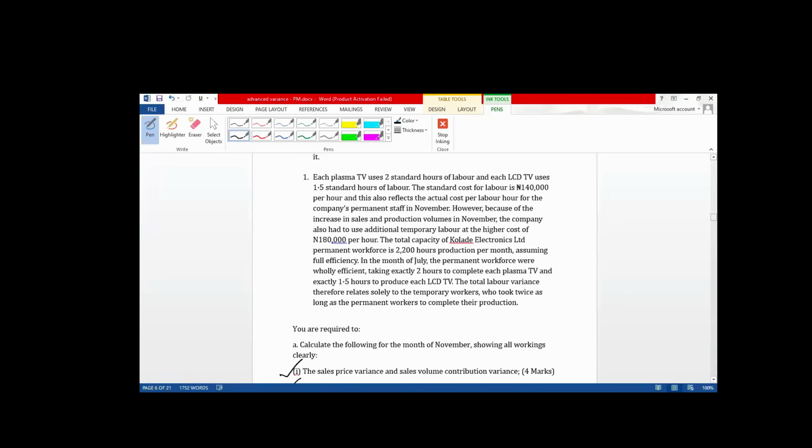The standard cost for labor is 140 per hour. Look at it now, read one. Standard rate per hour is 140,000 naira. Standard cost for labor is 140,000 naira per hour. That is the standard labor rate.